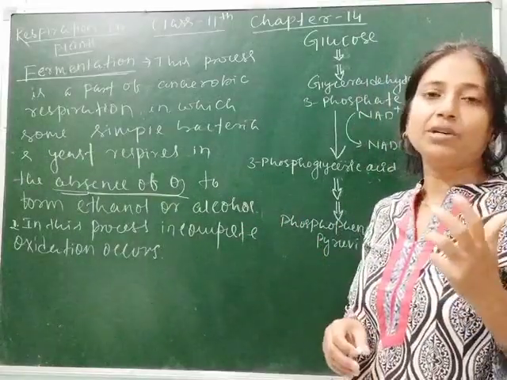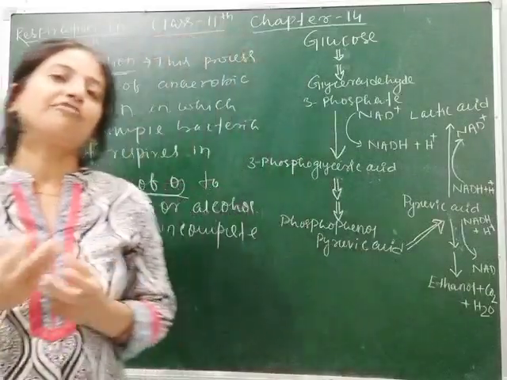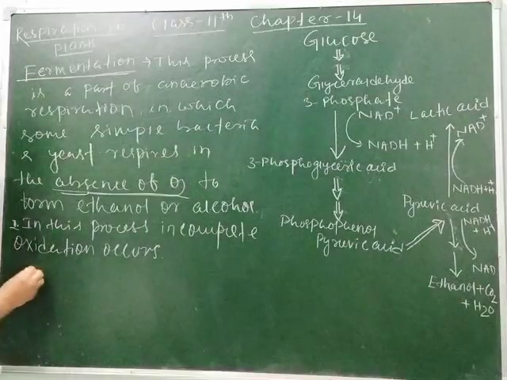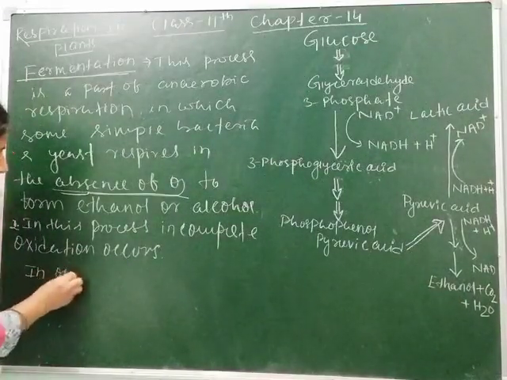Sometimes in our muscle cells, in our striated muscles, when there is less supply of oxygen, lactic acid is also formed. You studied this in class 10.